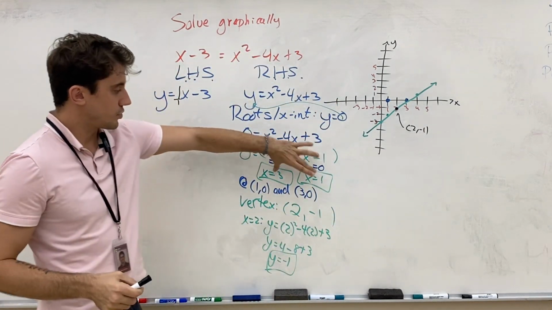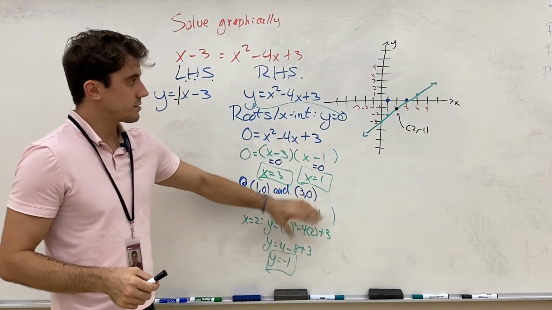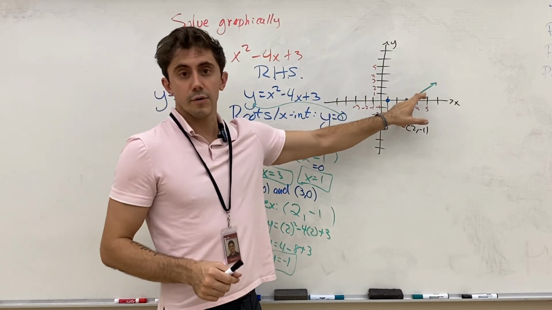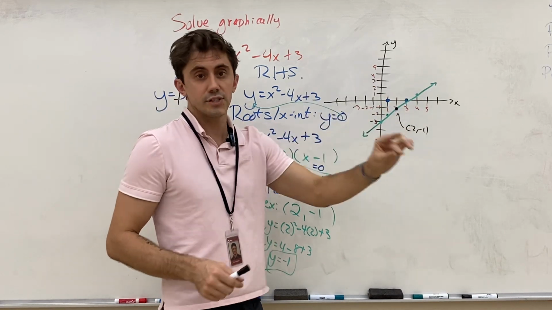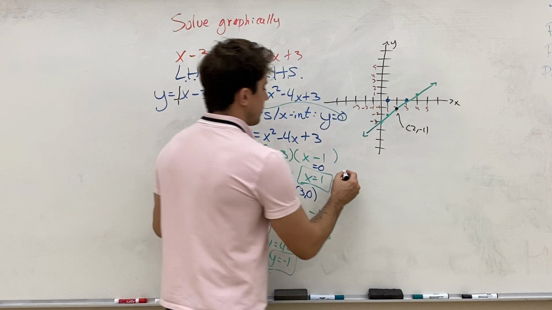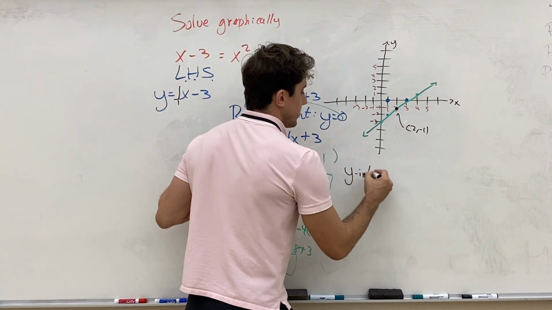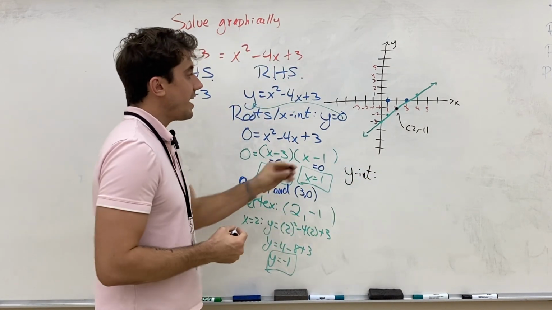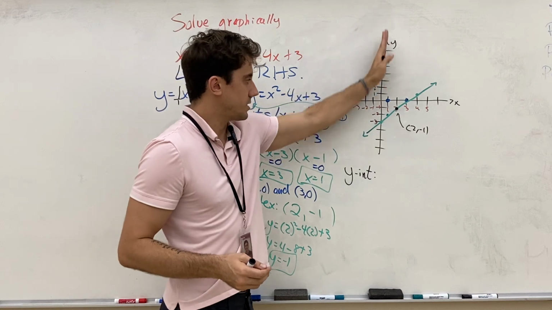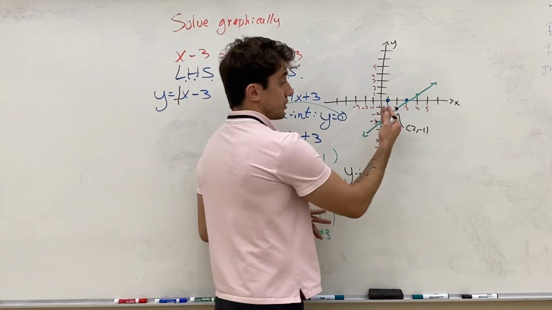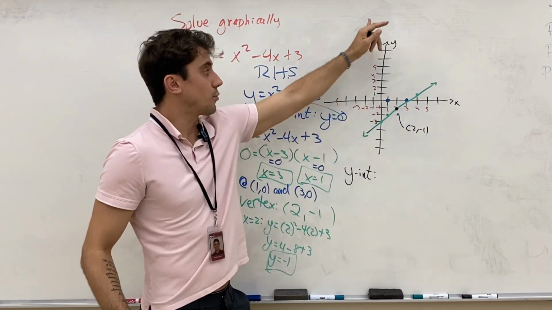So now we have our two roots, we have our vertex, so that's 3 points on our parabola, on the quadratic function. The fourth one we typically go for is the y-intercept, because it's so straightforward to get. Any y-intercept is a point where we cross the y-axis, which is exactly where the x-coordinate is 0.